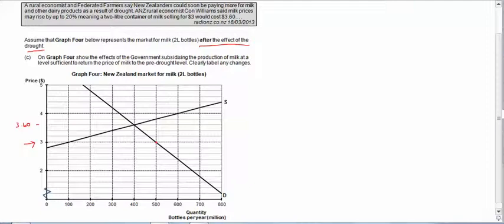That's a drop of 80 cents between those two curves. So what we're looking for is a shift of 80 cents. I'll go down here, and 80 cents will take us to there. If I get a parallel line through there, I shouldn't be too far off. Excuse my sniffing too, by the way. So there's S1, and that is the subsidy drawn, returning the market to a price of $3.